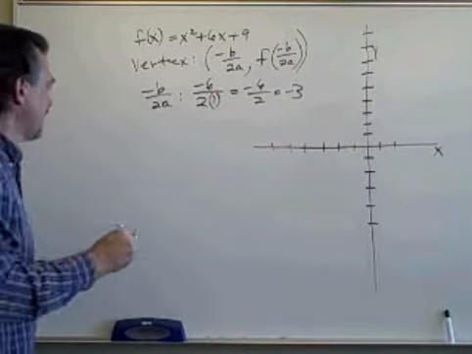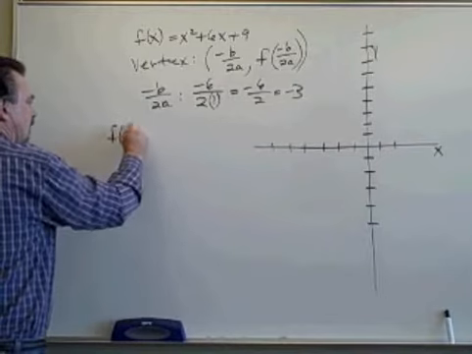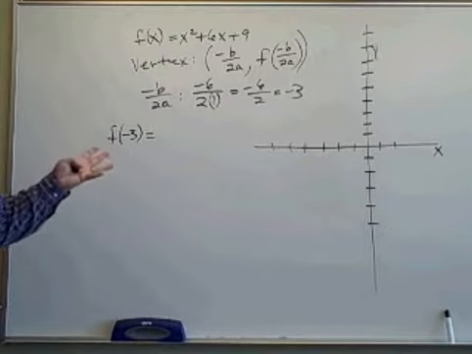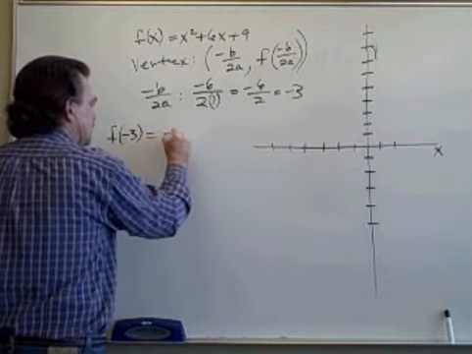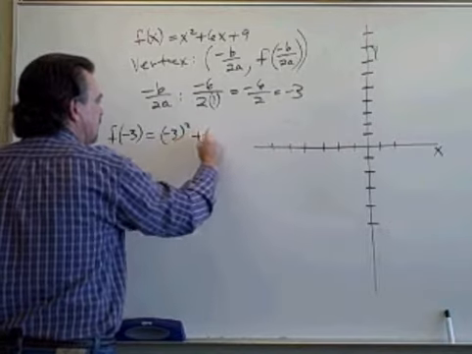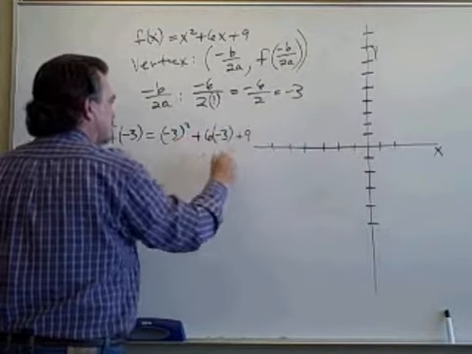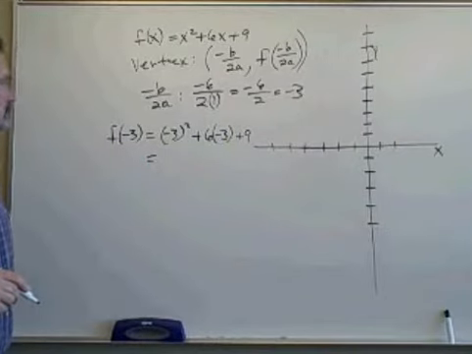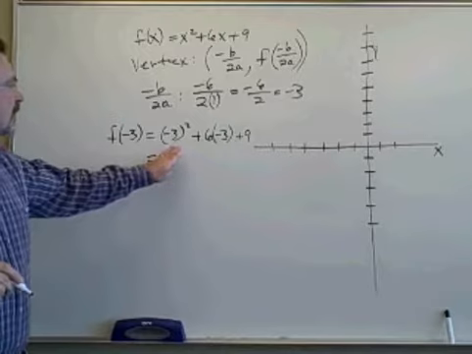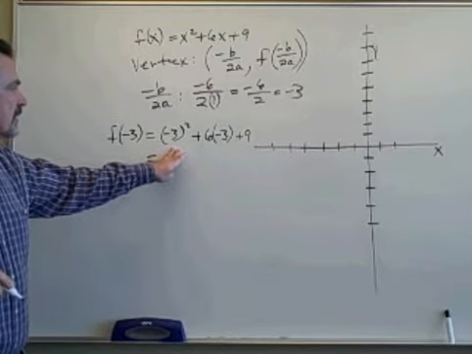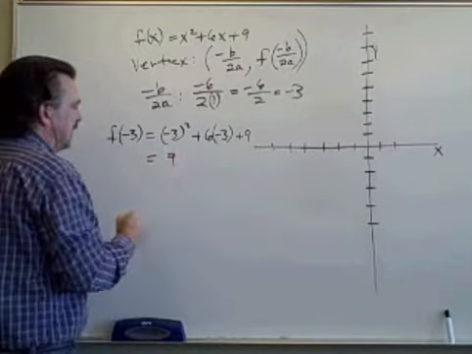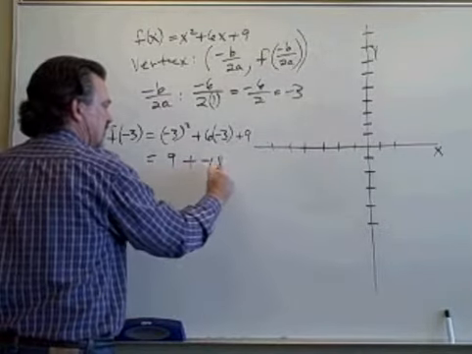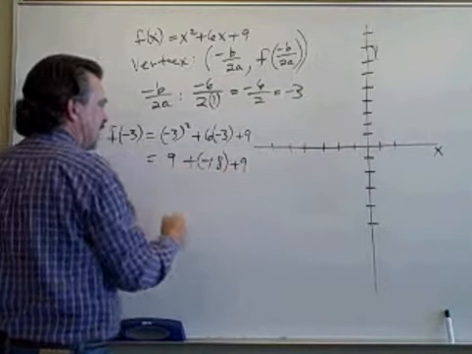Now, let's evaluate that function at negative 3 to see what the y value of the vertex would be. That's the square of negative 3 plus 6 times negative 3 plus 9. The square of negative 3 is 9, plus 6 times negative 3 is negative 18, plus 9.